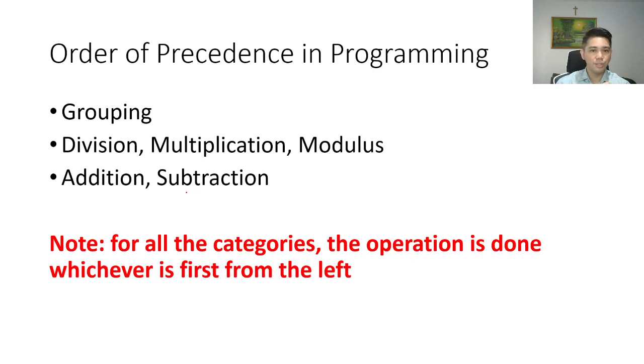The thing is, for each category, the operation is done whichever is first from the left. So if an operation is seen, let's say modulus first from the left, the computer will operate on the modulus first before other operations on the right.